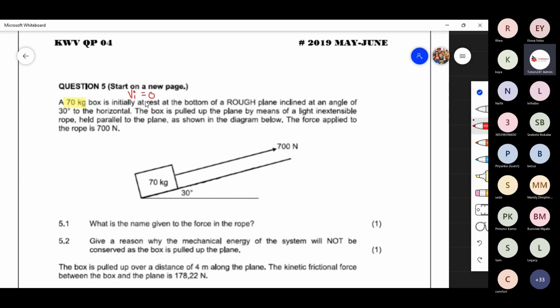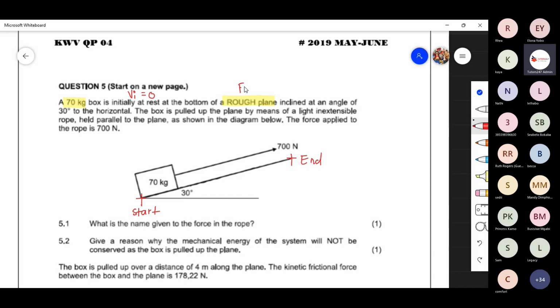At the bottom, okay, so now they've mentioned bottom, so this is our starting point. This is where we are going to start, which most likely means we are going to end at the top of that incline. At the bottom of a rough plane, so this is also important because they've used the word rough.